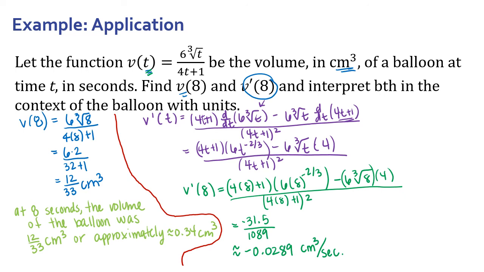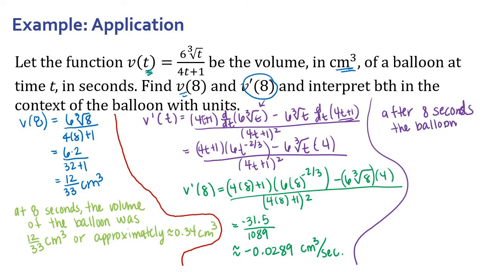So what this means, if I was interpreting this, is I would say that after 8 seconds, or at 8 seconds, you could also say, the balloon, so this negative means we're decreasing, so it's a decreasing rate, so it is decreasing or deflating, since we're talking about a balloon, at a rate of 0.0289 centimeters cubed per second.